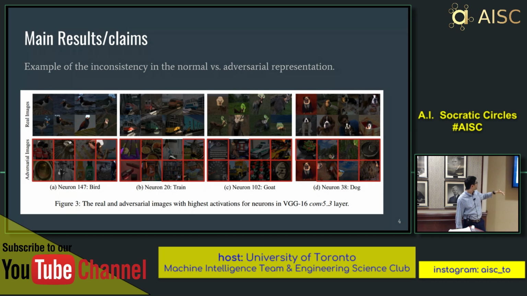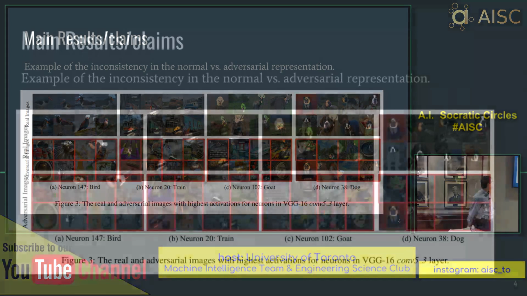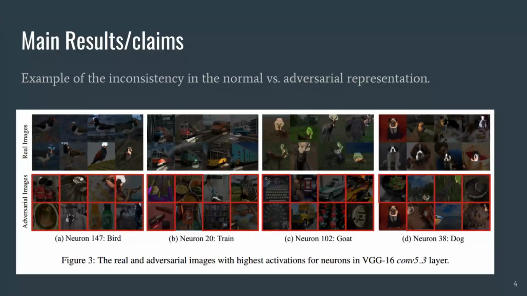For example, if we look at neuron number 147, we can see that when we have images which are classified as bird, that neuron is looking at the head of the bird. But when we have adversarial images which are classified as bird, and we look at the same neuron, the activation is happening randomly. It's looking in random places which are irrelevant to the head of the bird. So they call this inconsistency.